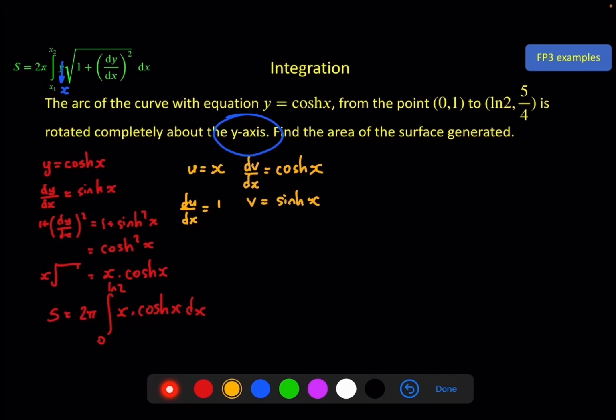So applying the integration by parts formula, which is in your formula booklet, we can write 2 pi times u times v, so that's x sinh x, and that needs to be evaluated from 0 to log 2, minus the integral from 0 to log 2 of v du/dx, which is just sinh x times 1. And all of that is multiplied by 2 pi.